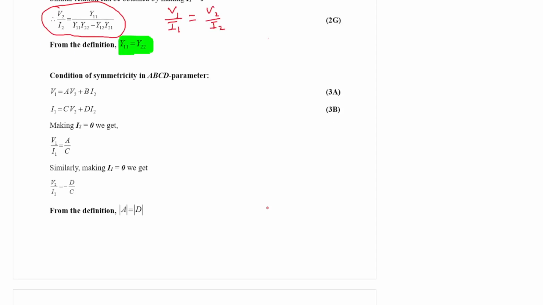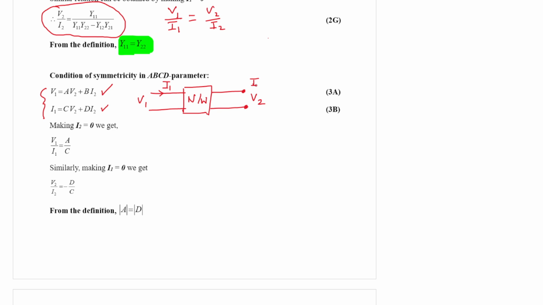Now let us continue our discussion on ABCD parameters. We have the fundamental equations V1 is equal to AV2 plus BI2, I1 is equal to CV2 plus DI2. So let us have V1 as my input voltage and I1 as the input current, and let us make the output port open circuited, leaving behind an open circuit voltage V2.